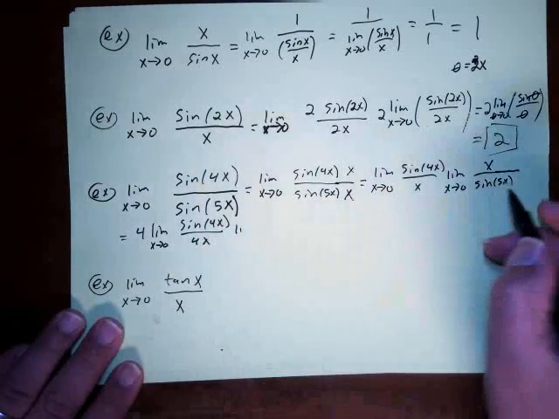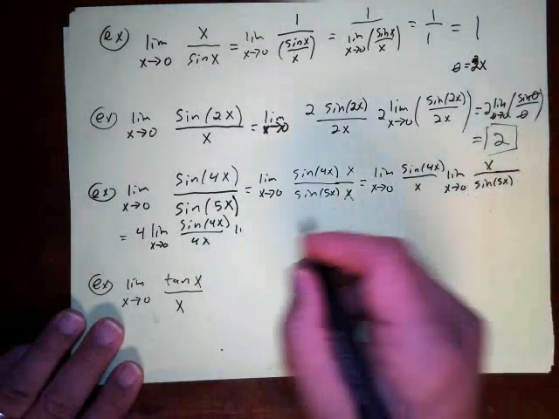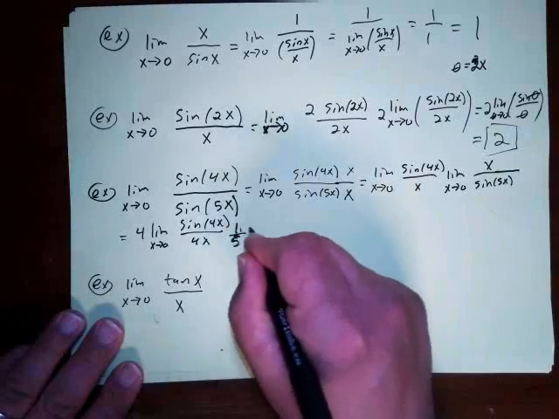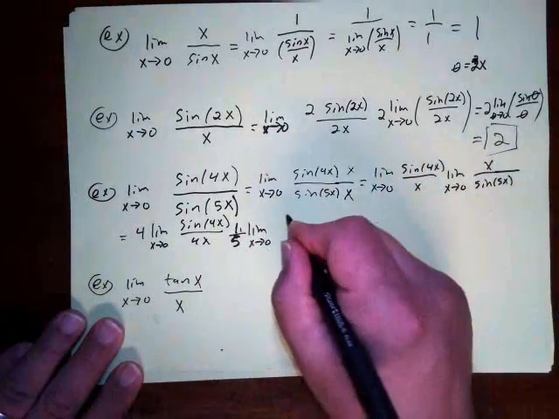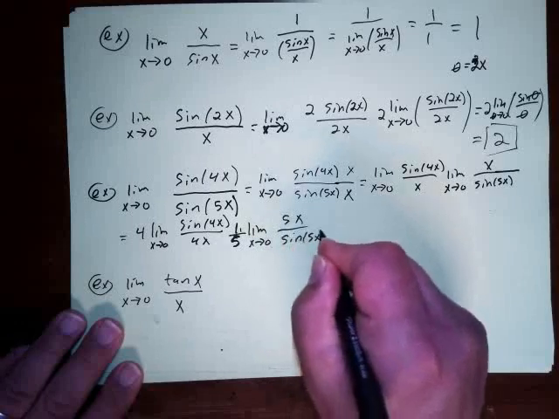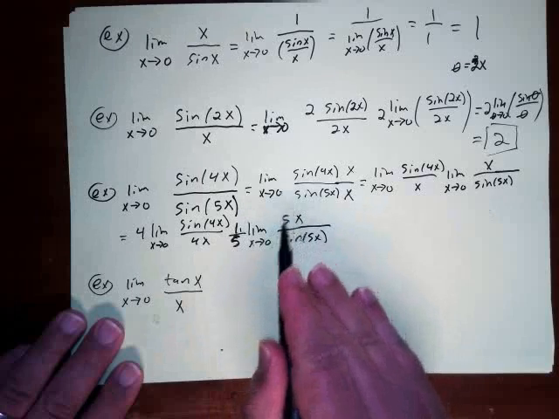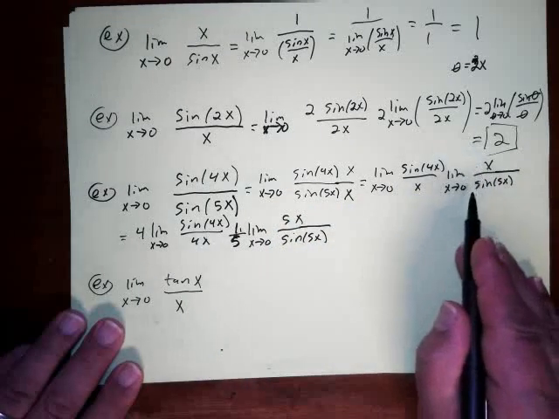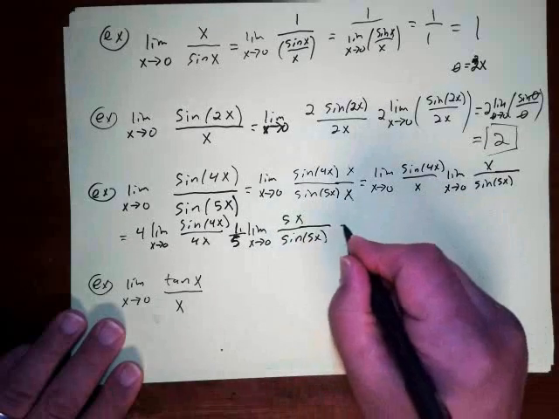And then I could multiply top and bottom by 5, right? And then I'd be pulling out a 1/5. So I would have 1/5 times the limit as x goes to 0 of 5x over sine of 5x. If you brought that back inside, it would cancel out and give you this. So I'm multiplying top and bottom by 5, but then I'm pulling out a 1/5, leaving the 5x up there.